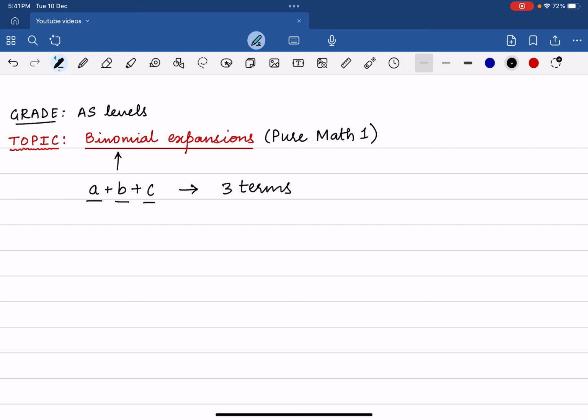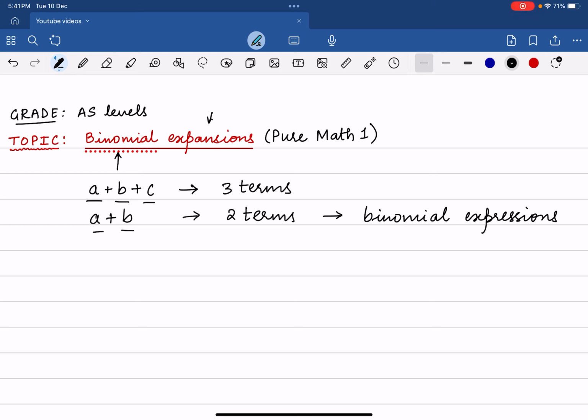So this is a 3-term expression. When you look at an expression which has only 2 terms, such an expression is called a binomial expression. And we are going to try and understand how to do expansions related to binomial terms.